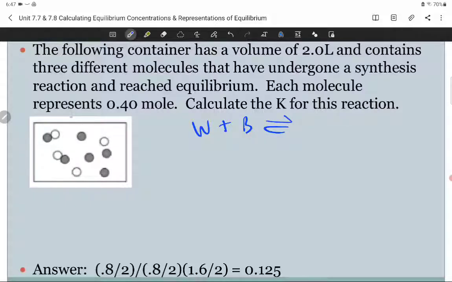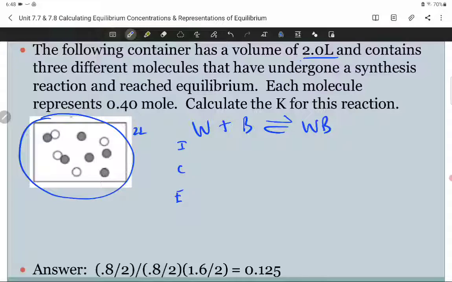And it makes a combination of a white-black. We don't really know anything about initial change, but we do know about equilibrium because this is the equilibrium amounts. It says that that container is a 2-liter container, and each one of these particles is 0.4 moles.